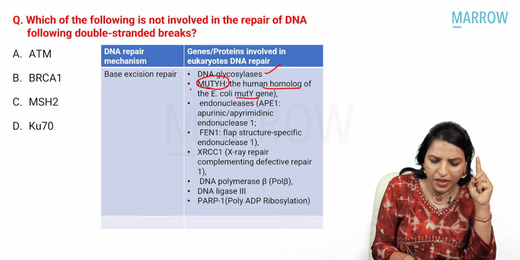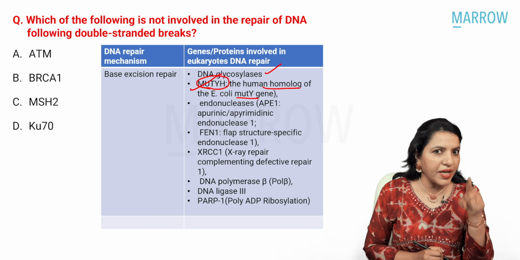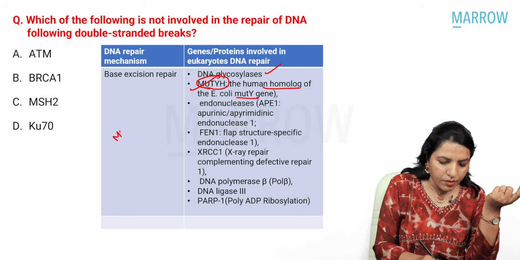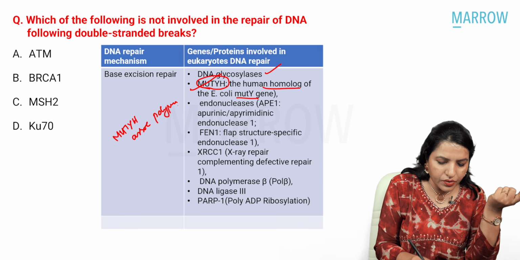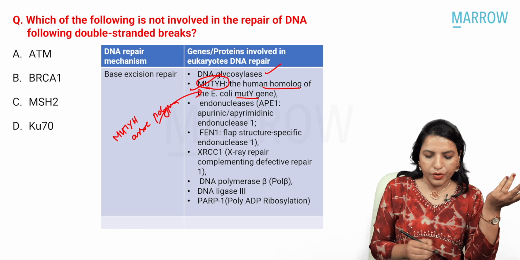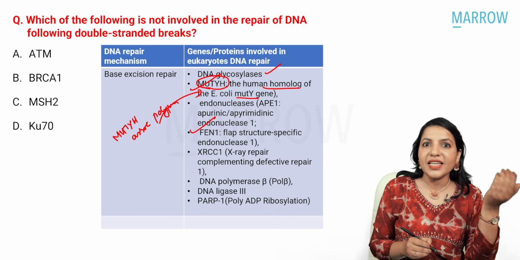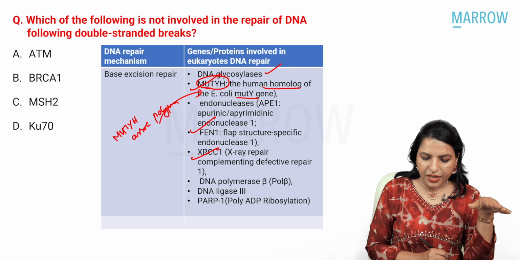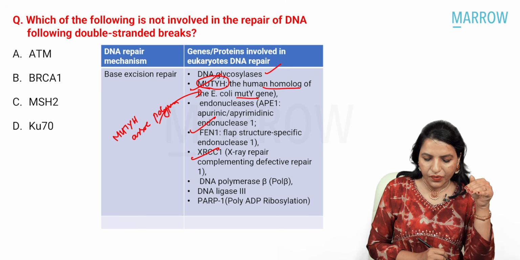This is very easy to remember because for base excision repair, what is the disorder that we have learned? MUT-YH associated polyposis. From that you can remember MUT-YH. Apart from that, flap endonucleases. Then, just like ERCC1, there is X-ray repair complementing defective repair 1, XRCC1.